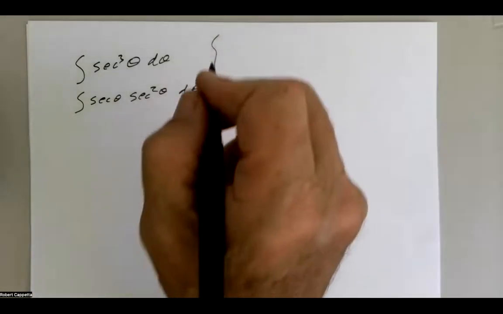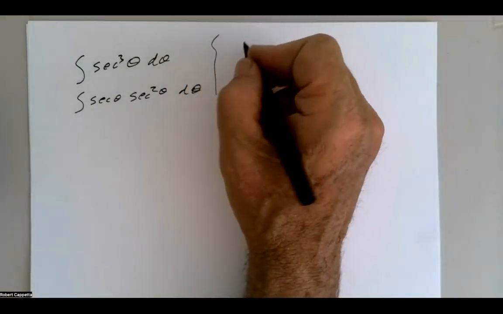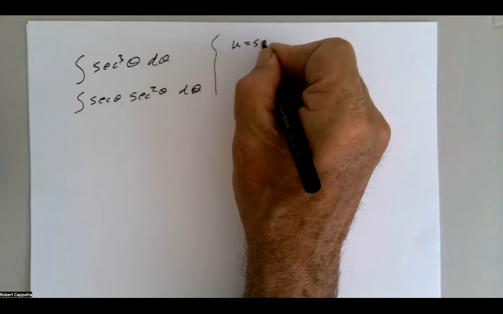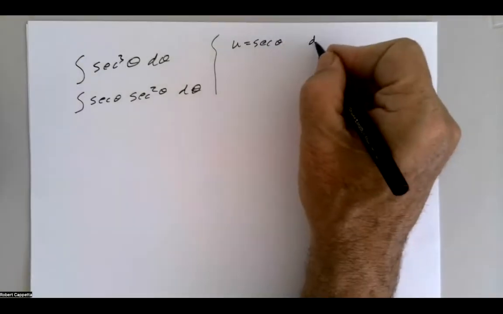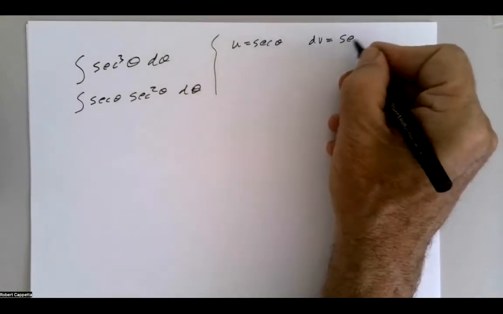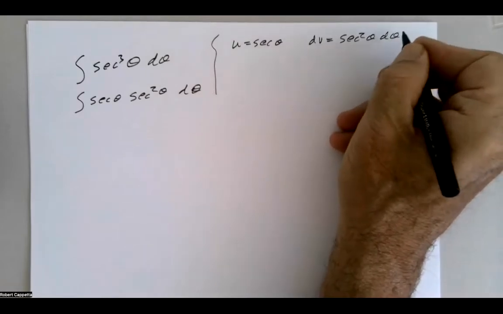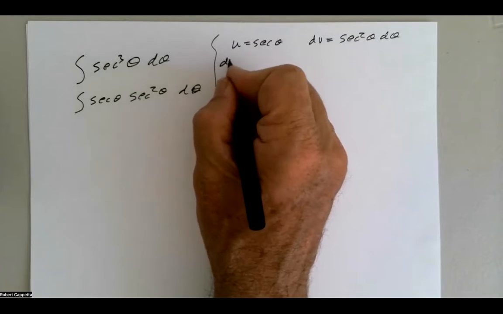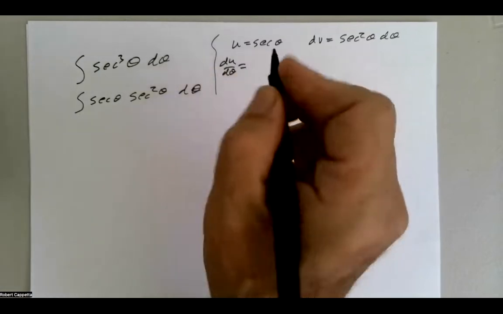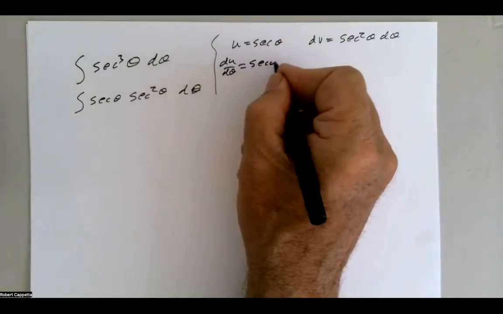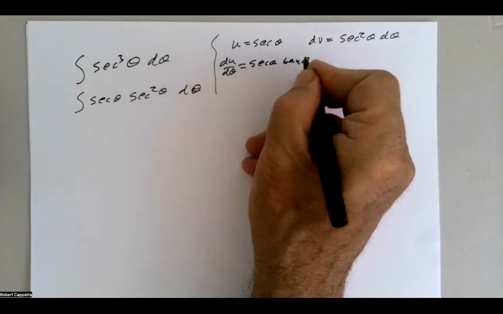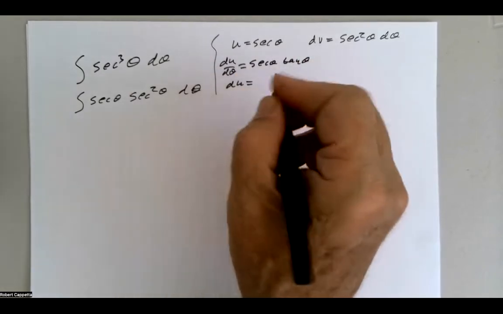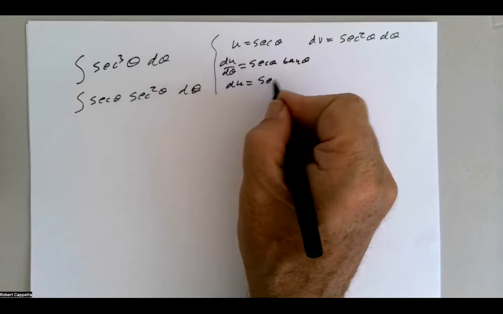So u is sec theta, dv is secant squared theta d theta. The derivative of secant is secant tangent, so du is sec theta tan theta d theta.